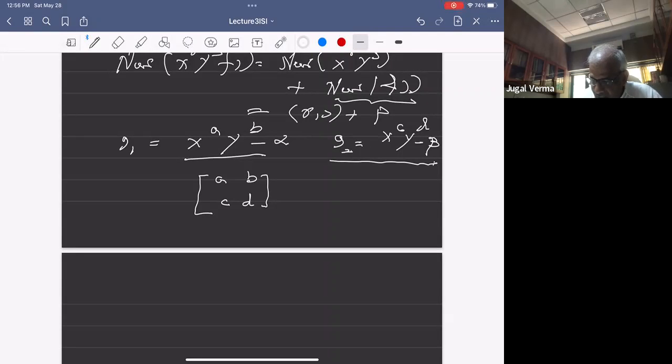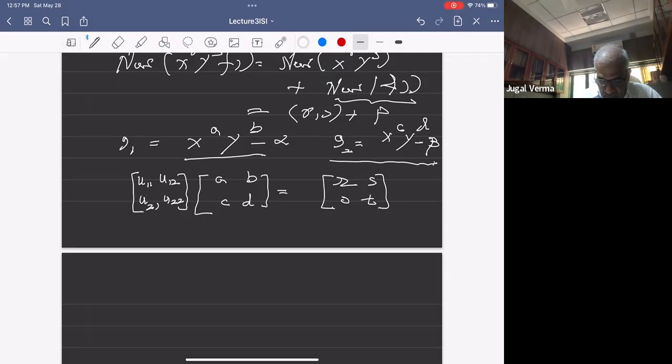A 2 by 2 integer matrix has a Hermite normal form, which is an upper triangular matrix with integer entries, and it can be obtained by row operations with integer entries. So there is an integer matrix with determinant 1. That is the statement of Hermite normal form: I can pre-multiply by an integer matrix of determinant 1 to convert my given matrix to Hermite normal form. With entries A21, A22, there exists such a matrix so that this is true.